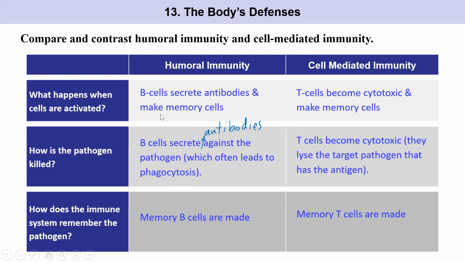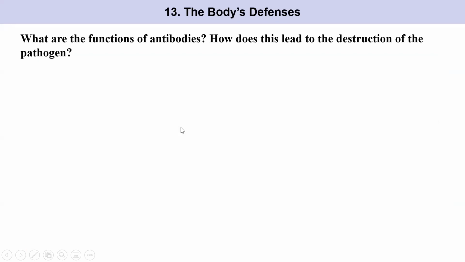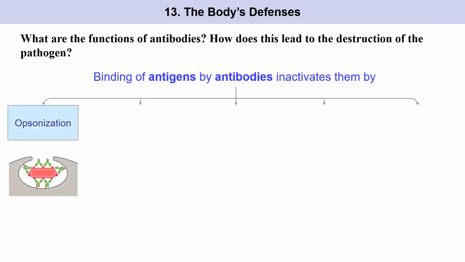So let's just talk about antibodies here, and bring you back to this slide, where we had what happens when an antibody binds an antigen. The classic scenario is opsonization, and opsonization basically means something is labeled, and that leads to phagocytosis.